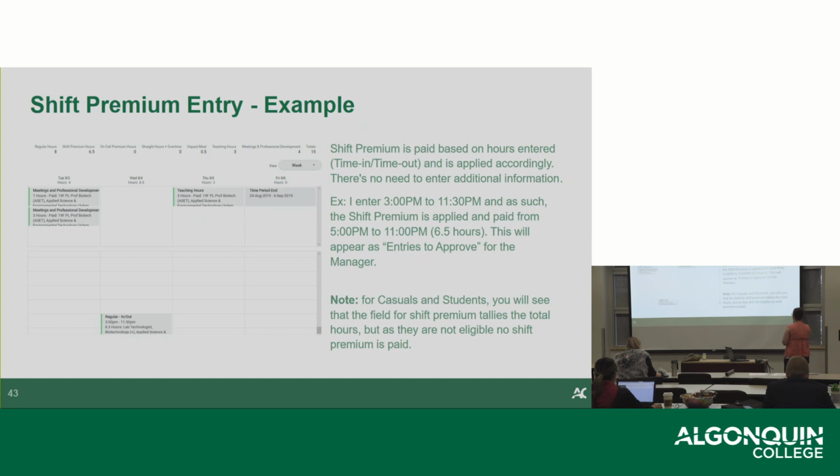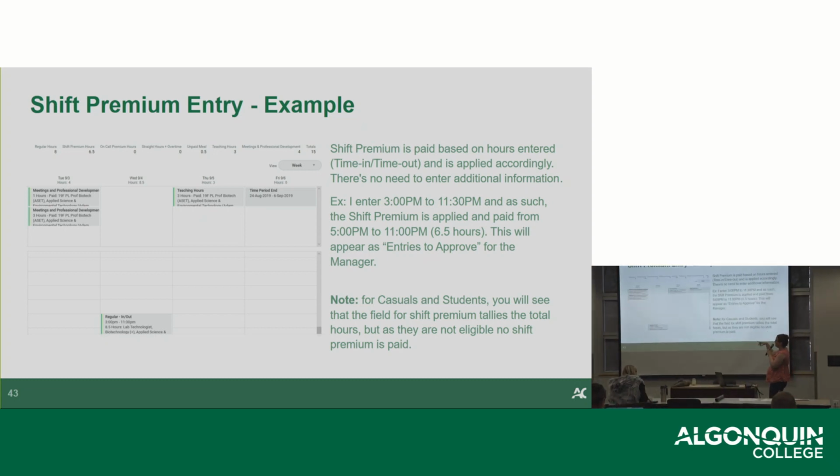One important thing to note here is that even though casuals and students aren't eligible for shift premium, the configuration of time entry is the same for everybody. So if a casual works between 3 and 11:30, it will show a tally in the shift premium column, but it won't actually pay them any premium pay.